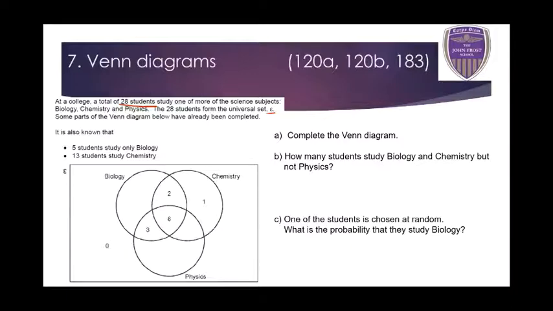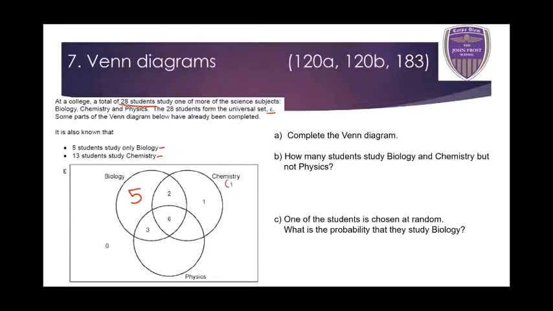Okay, so let's use this information. 5 students study only biology. So the segment that represents only biology is this section here, because there's no overlap with physics or chemistry. They only study biology. So we can plop in a number 5 in there. The next piece of information is 13 students study chemistry.